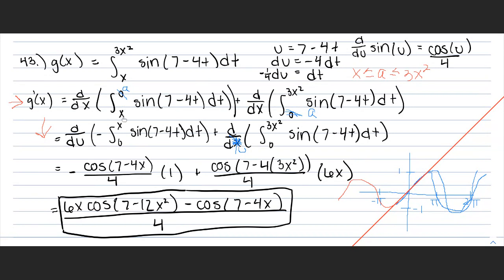I had switched this interval so that x would be on top. You mean you switch the limits of the integral? Yeah. So when you switch the limits of the integral, what happens?